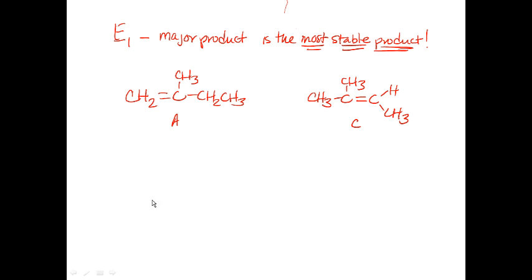Well, an alkene, a carbon-carbon double bond, can have up to 4 things attached to it. And it turns out that an alkene is an electron withdrawing group.